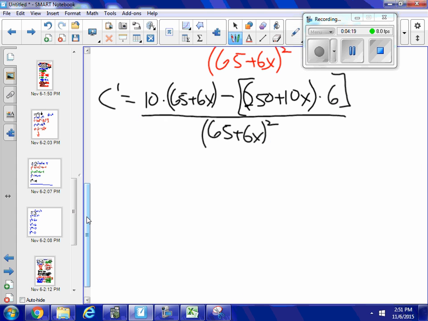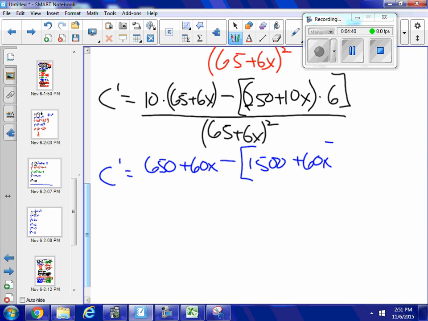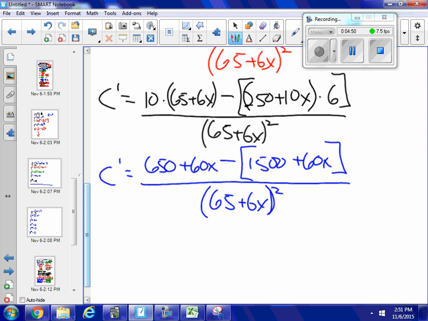Just continuing on with some arithmetic. C prime is equal to 650 plus 60x minus, well, 6 times 250 is 1500, plus 60x. Notice my clever use of brackets so I don't lose negative signs. All divided by 65 plus 6x squared.